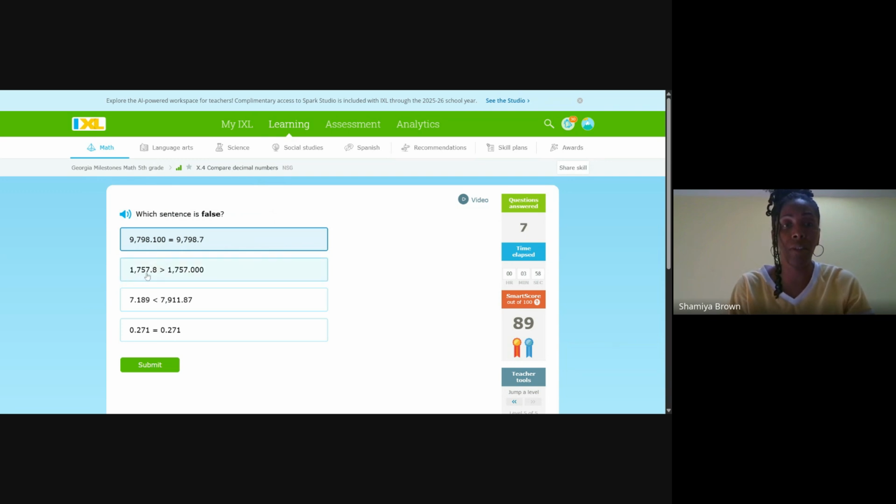This says 1,757 and 8/10 is greater than 1,757. And this is not true because this number right here would be less than this because I don't have anything here. So that means this number is basically just 1,757. This number is 1,757 and 8/10.